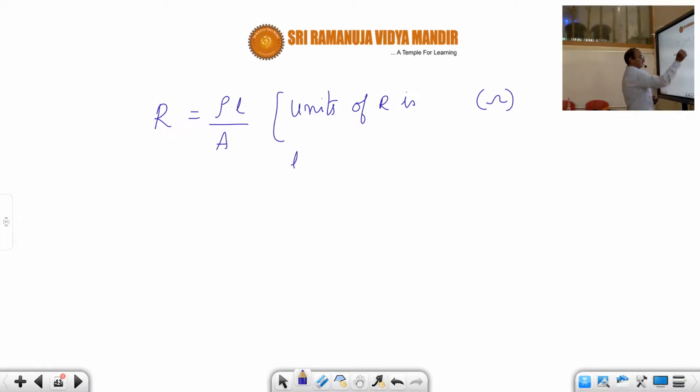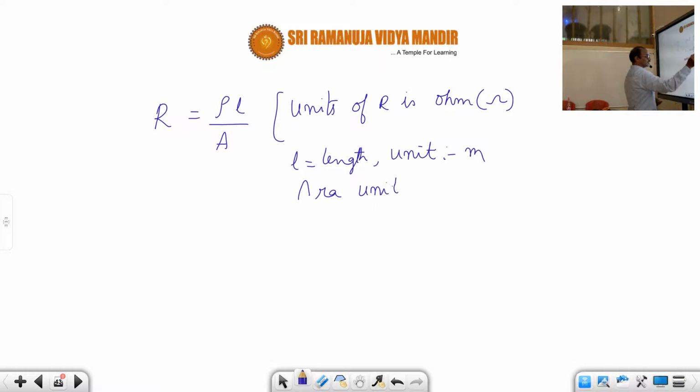The length L has unit meter, and area has unit meter square.